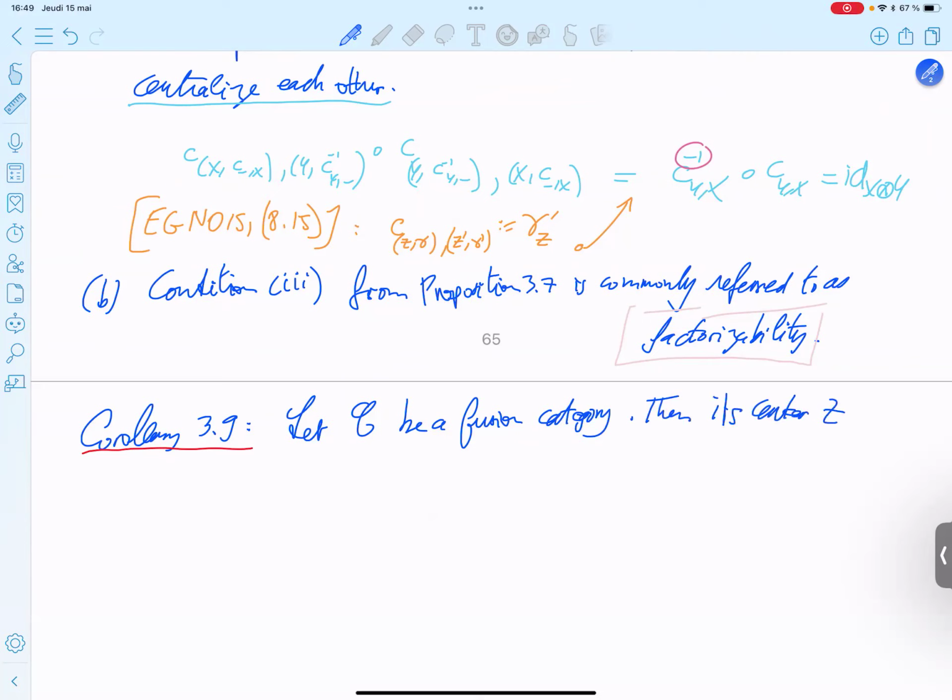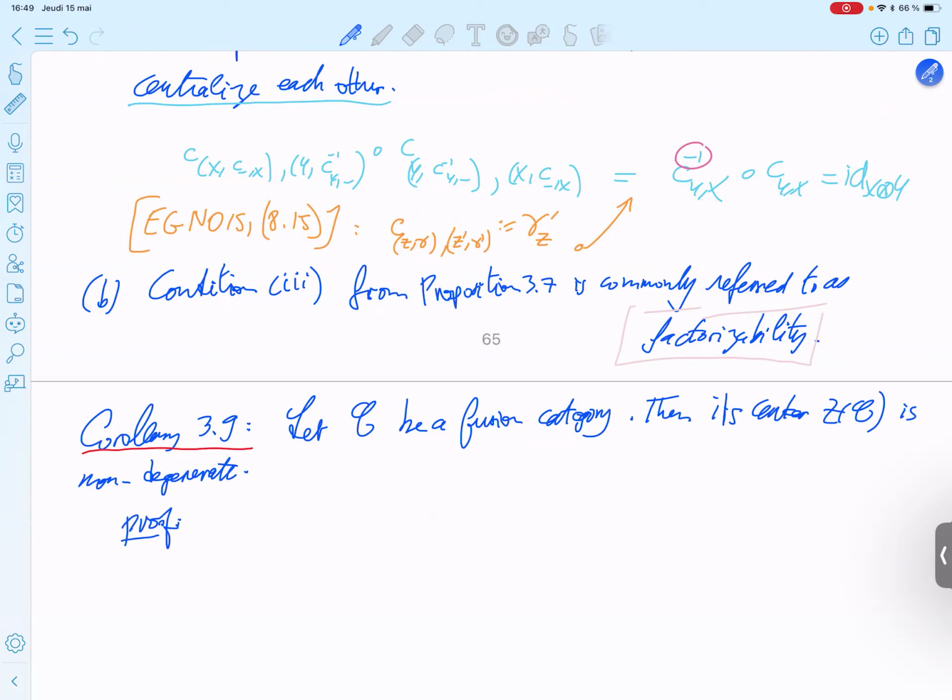So remember, Drinfeld is already a co-author of this paper, so that may be a reason why they did not choose to write Drinfeld center, but just center.